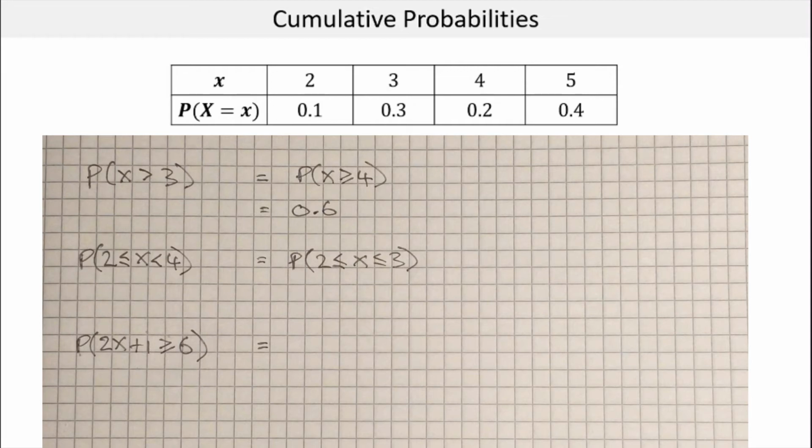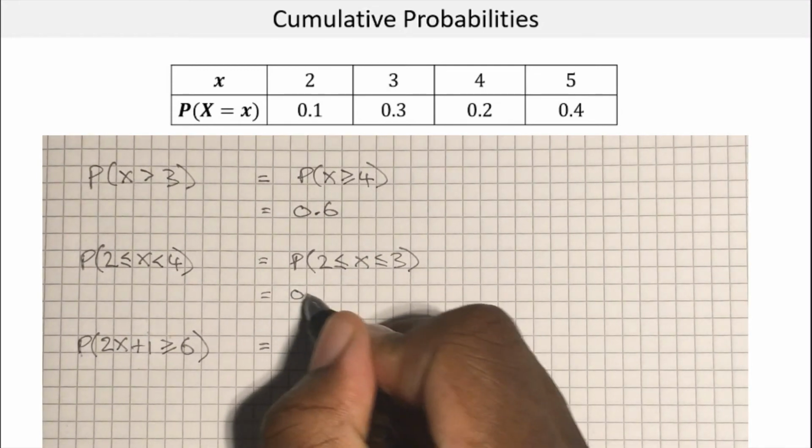We want x to be smaller than 4, but not to include 4, so that means 3 is the largest number that is included. Just taking a couple of seconds to think through these inequality statements will usually set you up to respond to this question correctly. Okay, and that leads to an answer of 0.4.